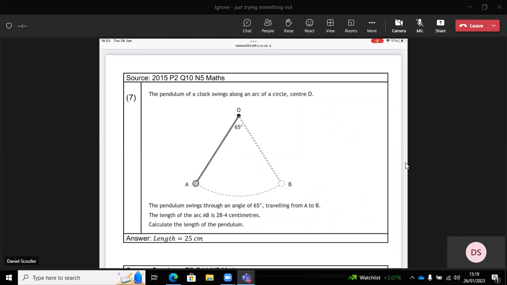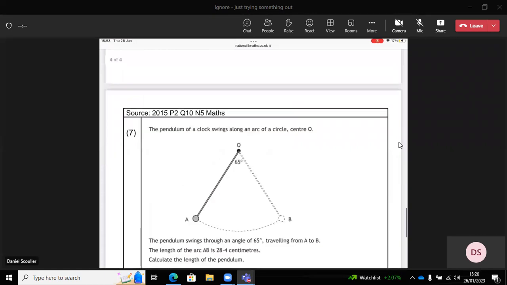Again, this comes back to just rearranging the equation we've been working on. This time you'd be working out the diameter and then the radius from there. So work out the diameter and then divide it by 2. Have a wee go at that one on your own.